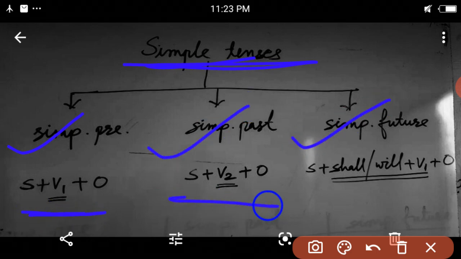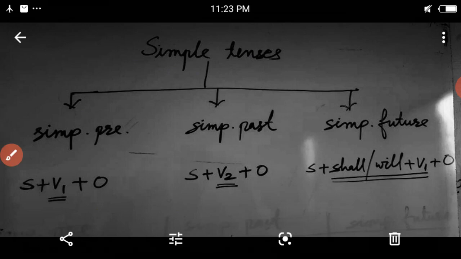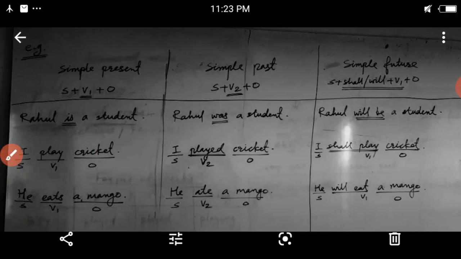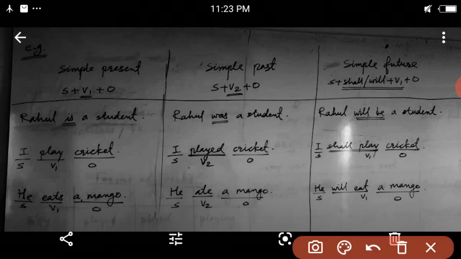Here below are the structures. Later, I explained how the sentence of simple present changes into simple past and simple future.